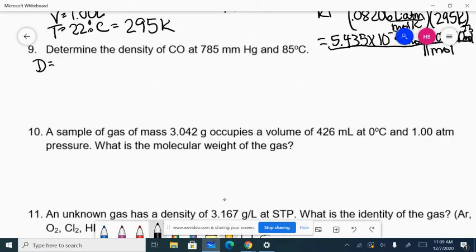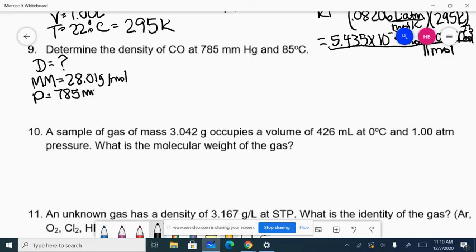So determine the density of CO. So the molar mass is carbon plus oxygen, or 28.01 grams per mole. Pressure, 785.